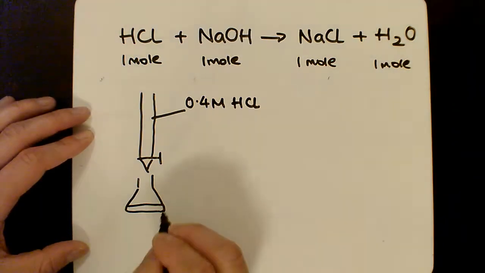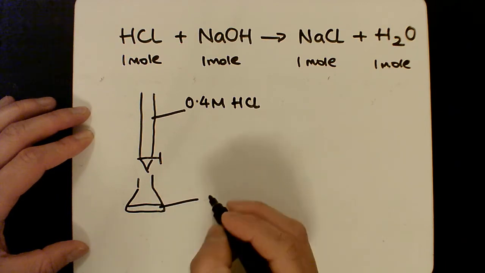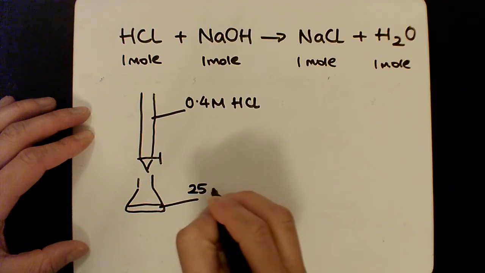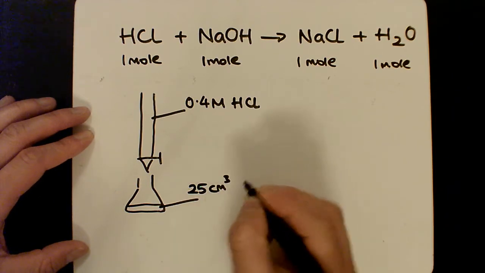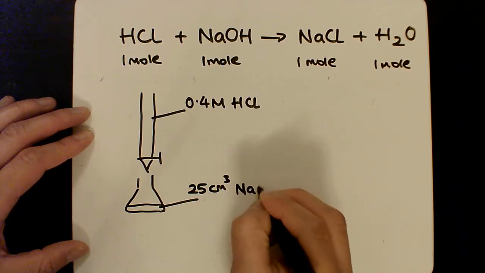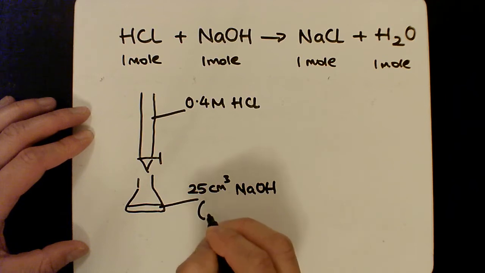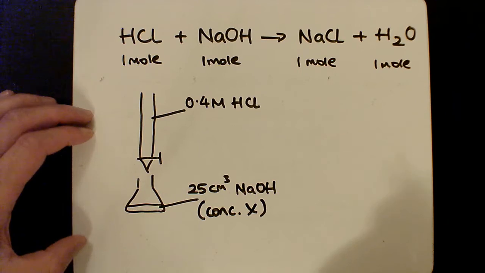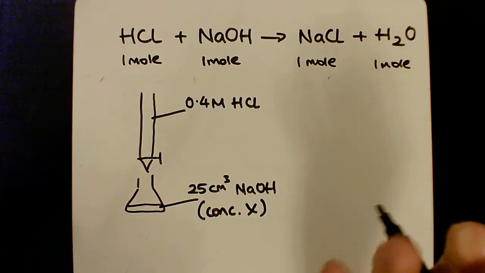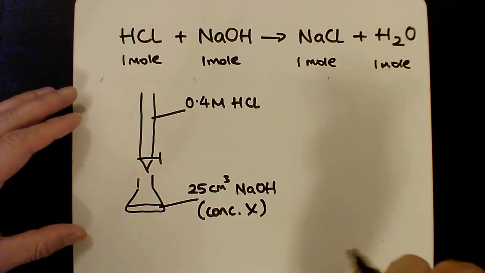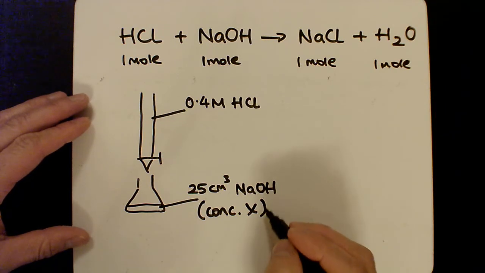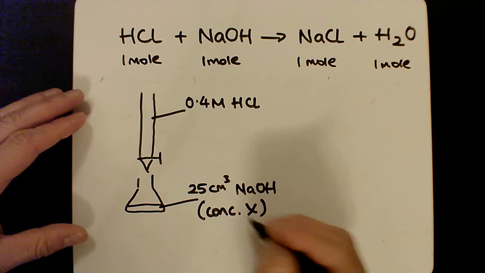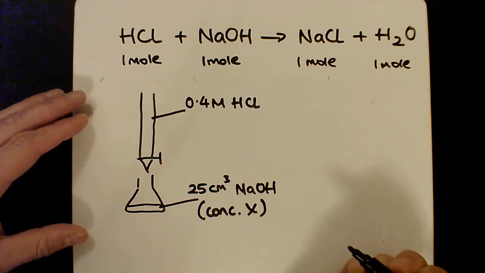And in the conical flask, you have 25 centimeters cubed of sodium hydroxide with an unknown concentration X. And in the required practical, you have to try and calculate what the concentration of the sodium hydroxide is.